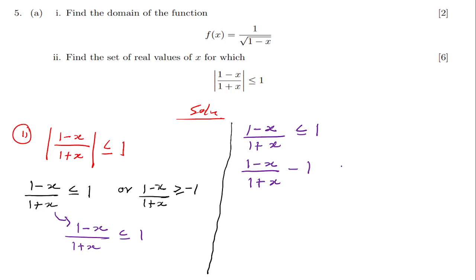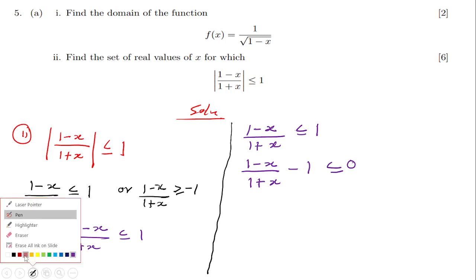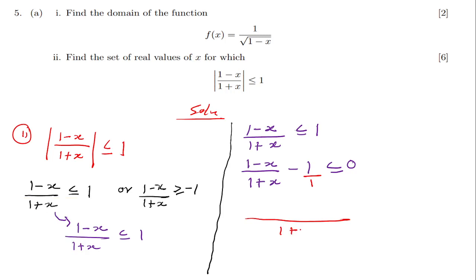Do not cross multiply. Do not cross multiply. I think I solved one of the questions and I told you that rule. So from there, common denominator, it is 1 plus x. Then 1 plus x into 1 plus x, it is 1. 1 times that, it is 1 minus x.